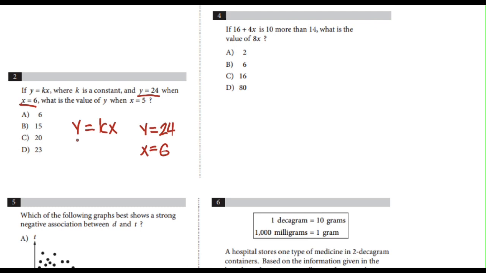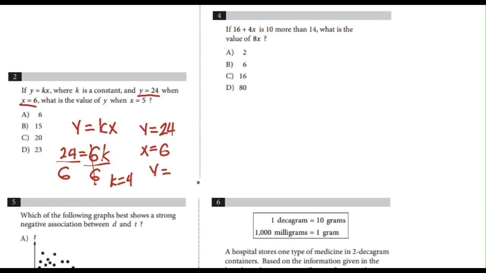If we were to plug this in, this is going to be 24 equals 6 times k. To get k by itself, we're going to divide each side by 6, and we'll get that k equals 4.